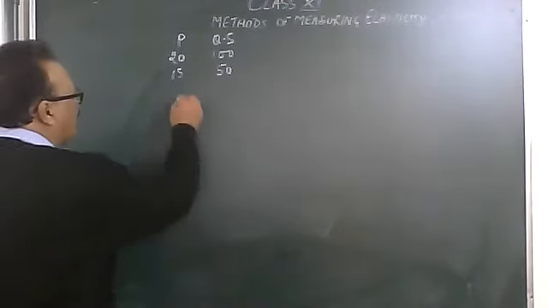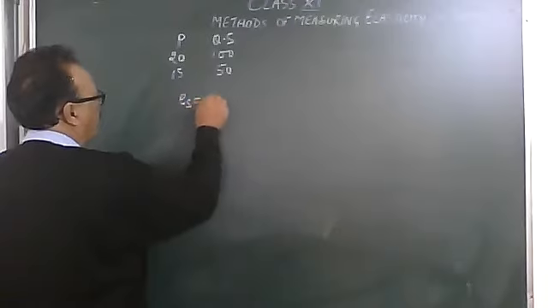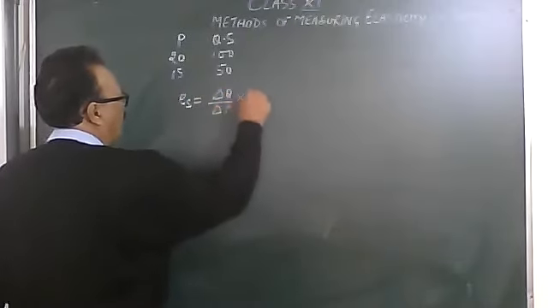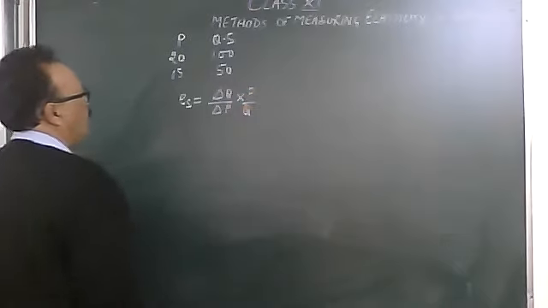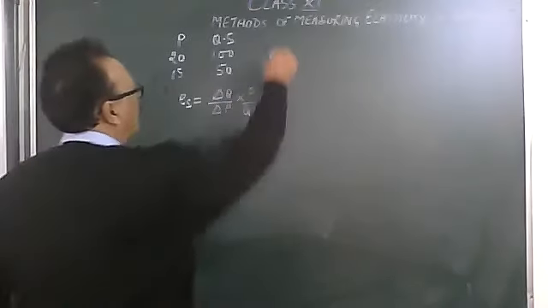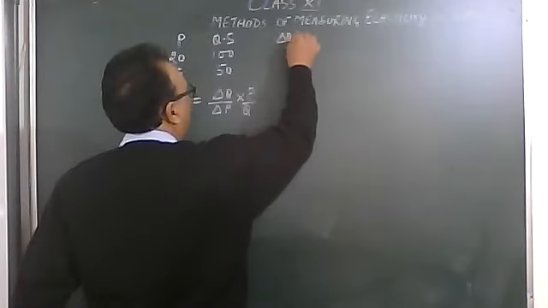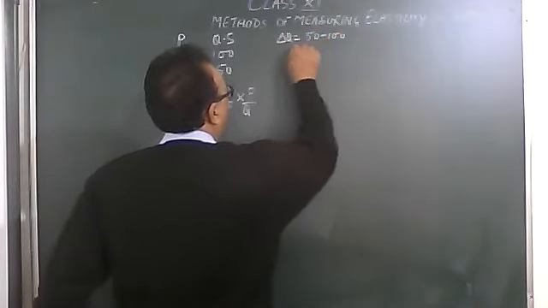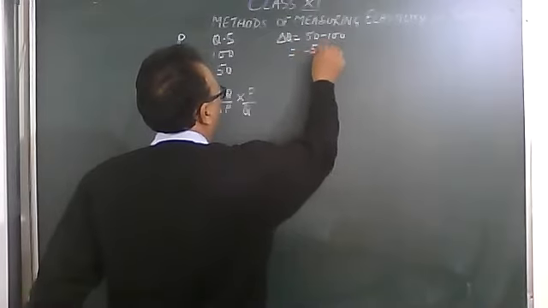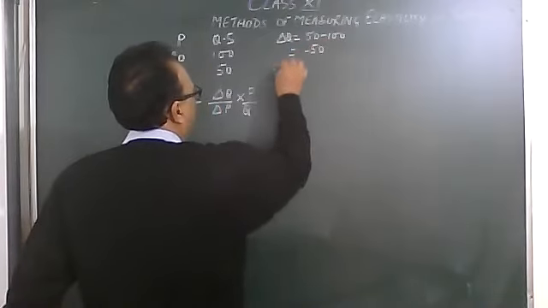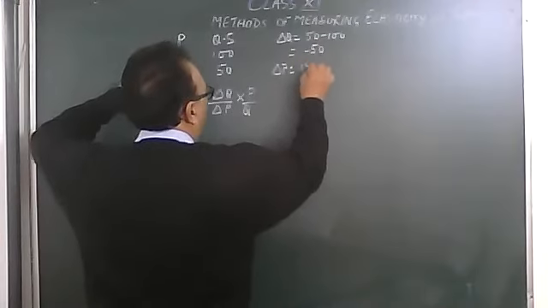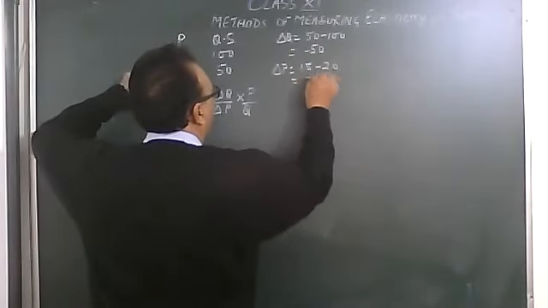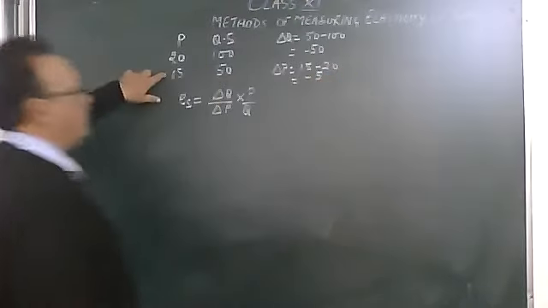Now, ES, first by the proportionate method, delta Q upon delta P into P upon Q. Change in quantity is 50 minus 100, which is minus 50. Change in price is 15 minus 20, which is minus 5.